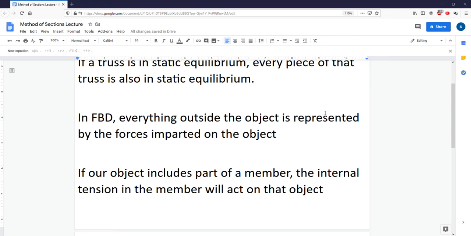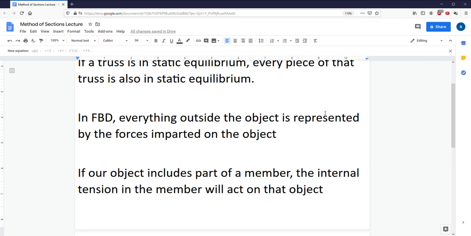With the method of joints, we often found ourselves needing to solve for member A, which would let us solve for member B, which would let us solve for member C, which would let us solve for member D, etc. With the method of sections, if we are clever about how we select our sections, we can find the information that is most relevant to us.